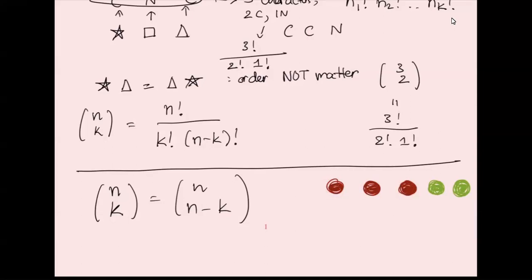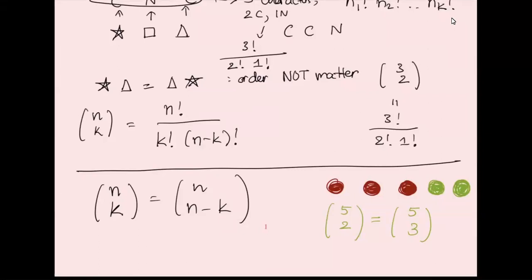So you will see that 5 choose 2, the number of ways to choose 2 balls out of 5 to give to your friend, is the same as the number of ways to choose 3 balls out of 5 to not give to your friend. They are equivalent actions.